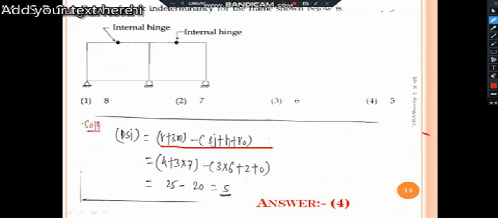This is the formula for the hybrid structure, where R is the number of reactions: hinge 2, roller 1, that is 4 reactions in total; number of members 1, 2, 3, 4, 5, 6, 7 members; number of joints is 6; and H will be 2. H is nothing but the additional equation due to the internal hinge. There are 2 hinges, that's why we have 2 equations. Clear? So from this, 25 minus 20, the answer is 5. Option 4 is the answer for this MCQ.